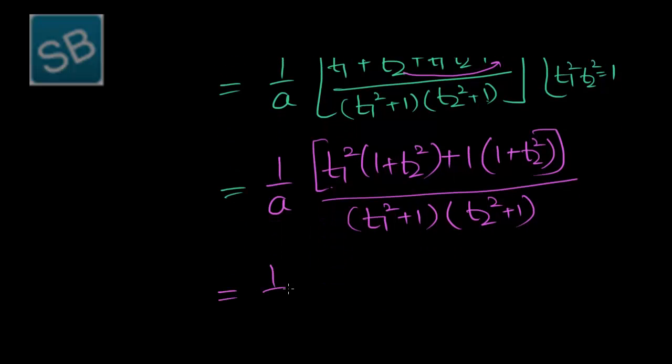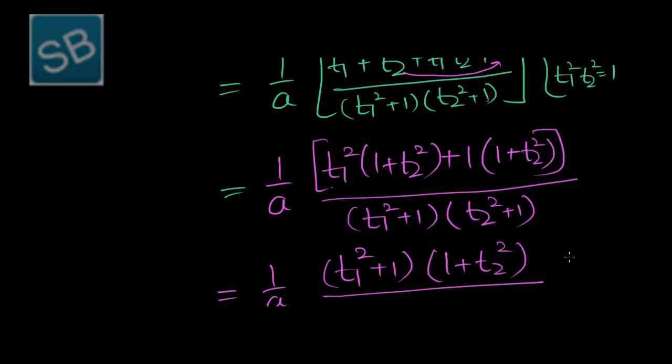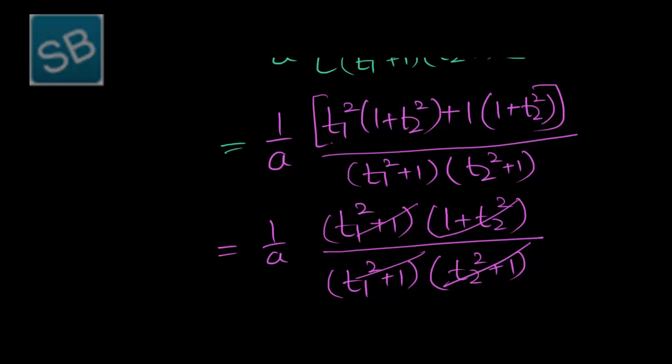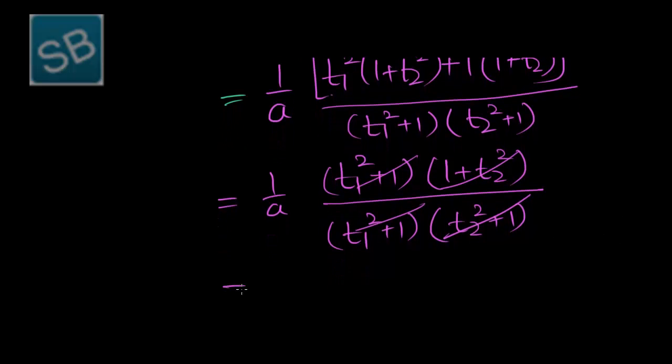So we get 1 over a in the bracket t1 square plus 1 and 1 plus t2 square over the same factors in the denominator, t1 square plus 1, t2 square plus 1. These will be cancelled out and we get 1 over a. That is our required result.